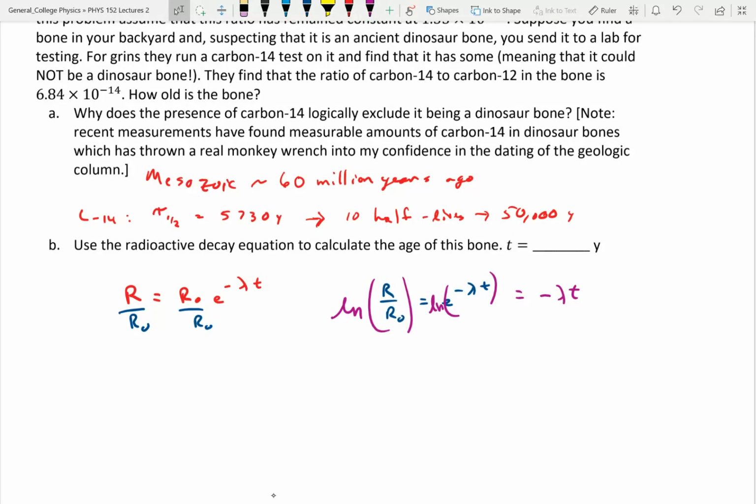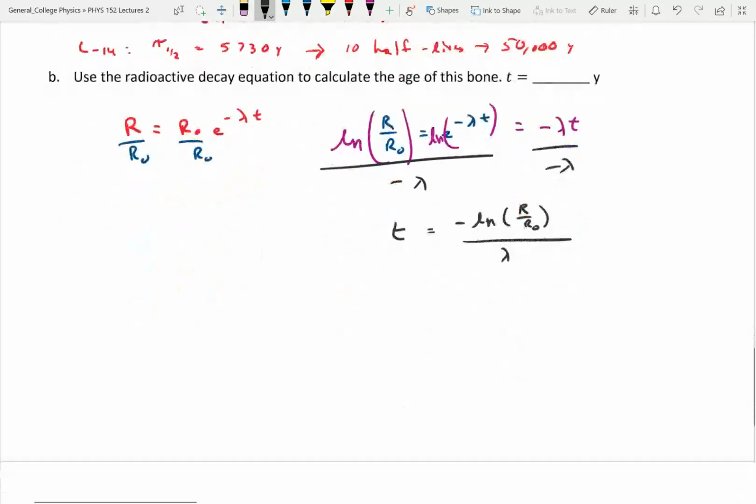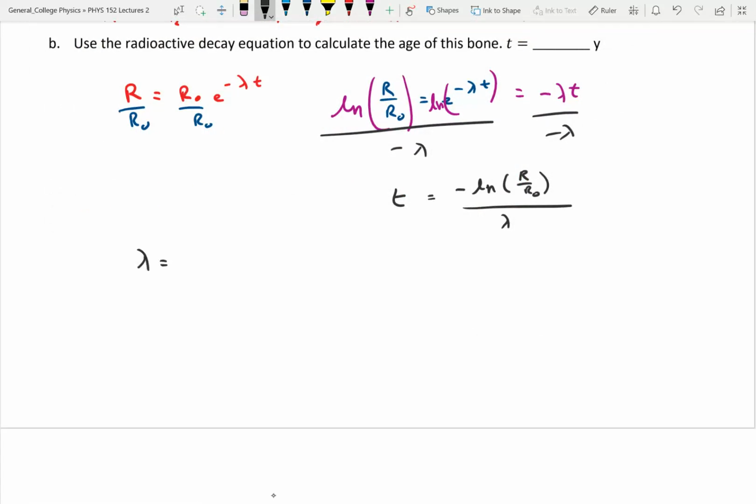And so dividing everything by minus lambda, I have t is equal to minus natural log of r over r0 divided by lambda. Now, what is lambda? Lambda is the decay constant. So the decay constant is natural log of 2 divided by the half-life.